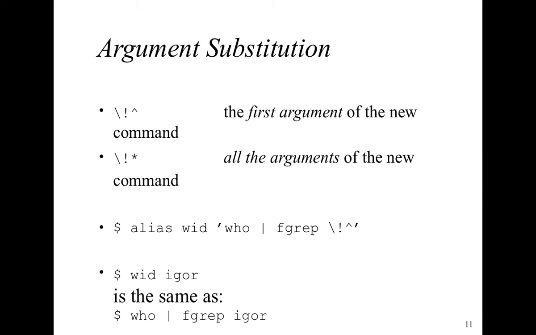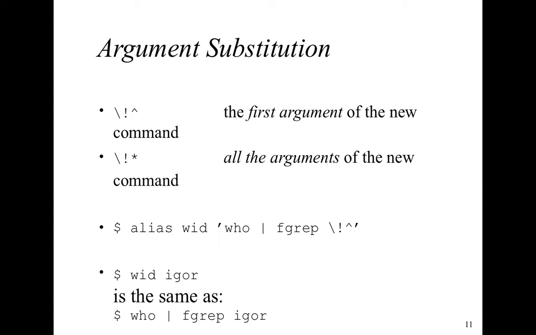So we can remove the alias. I'll show you that in a few minutes. But here we have the first argument of the new command syntax, along with all of the other arguments. So argument substitution. We can substitute arguments in when we run the command, just like we put switches in for ls.